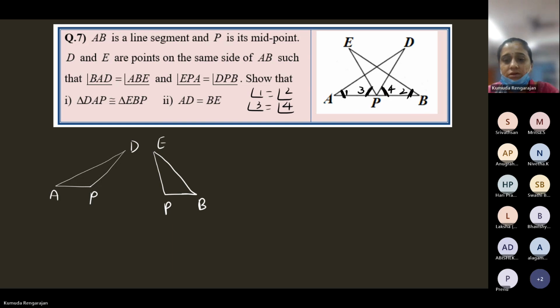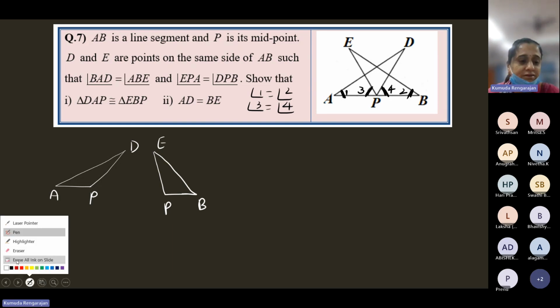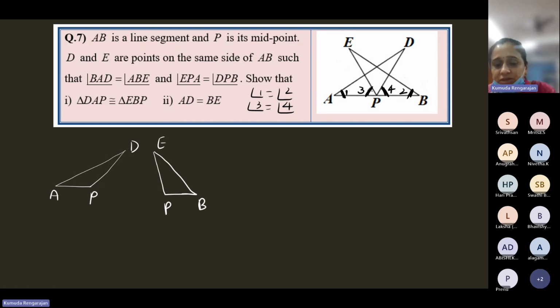Now, when you look at the angle marked here, see this angle 3. It's a part of the triangle DAP.